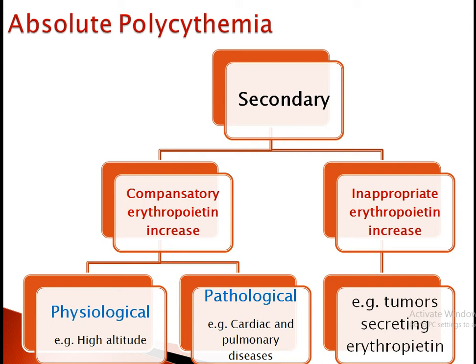Again, the physiological is at high altitude, but the pathological may be due to cardiac or pulmonary or any other specific disease. An inappropriate erythropoietin increase may be due to a tumor secreting erythropoietin.